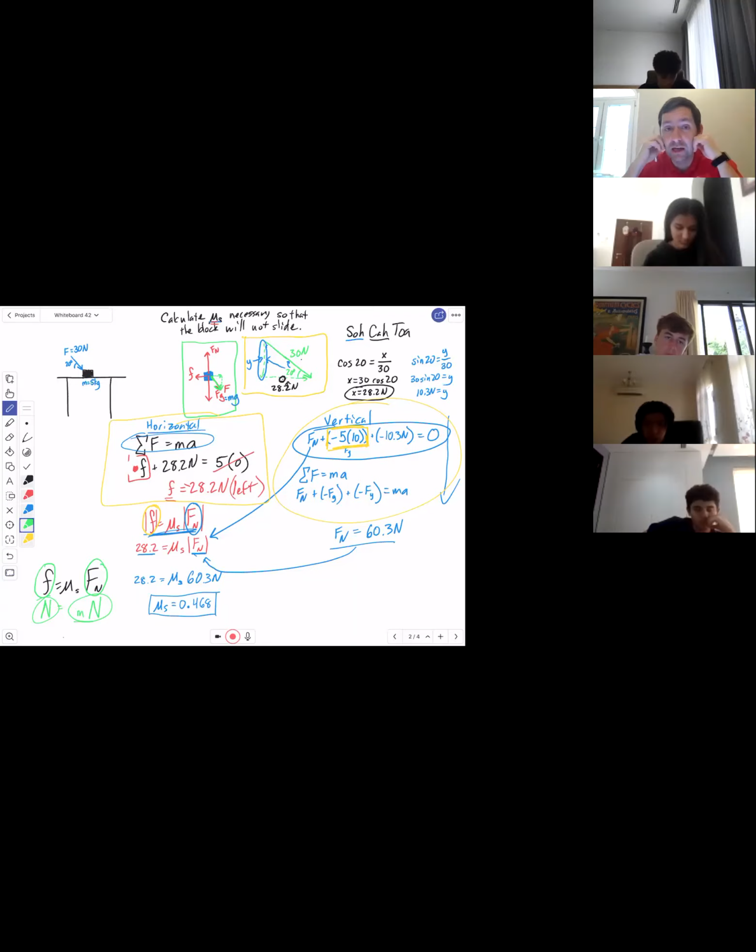Much like what we did here, right? We said, how hard do I need to push on it to get it to start moving? Well, that means that the static coefficient of friction has to be this. It could be more than that, right? It could provide more, but it needs to at least be this amount. Otherwise, it won't be able to supply the right friction. So similar to this, you probably just wouldn't apply an angular force. You just do a horizontal force. It's a little bit easier.